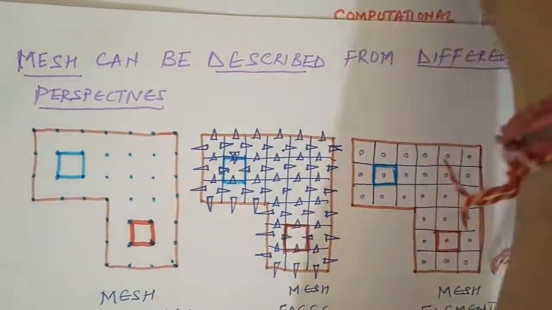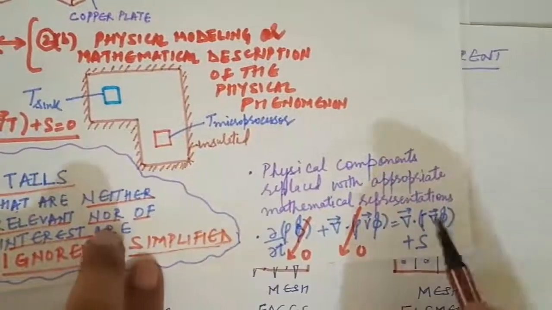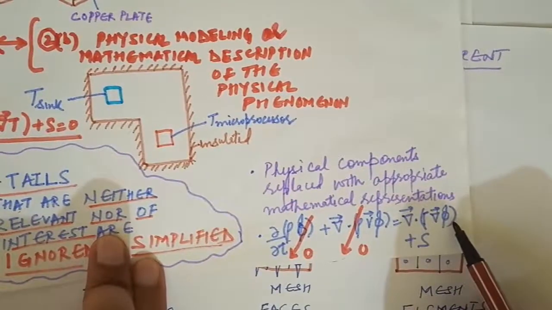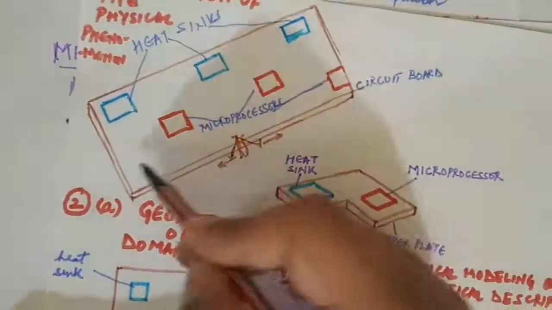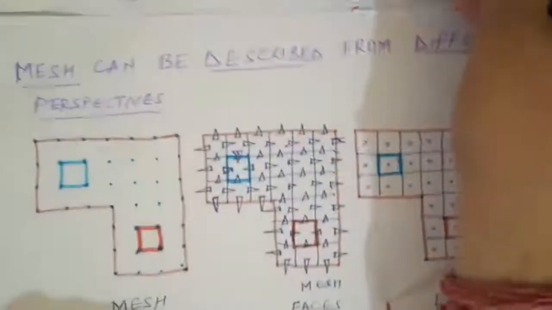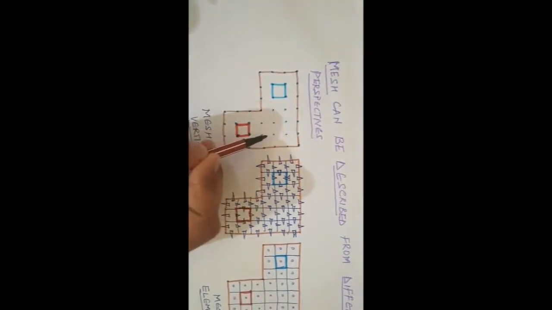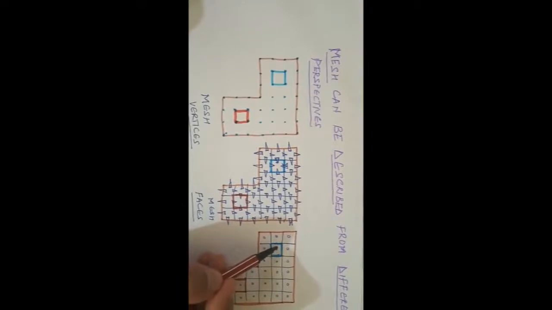For instance, in this differential equation, phi happens to be temperature. So if you want to find out temperature across this system, then you could either find out temperatures at these grid points, or you could find out temperature at these interfaces, or you could assign a temperature to this entire element as such.